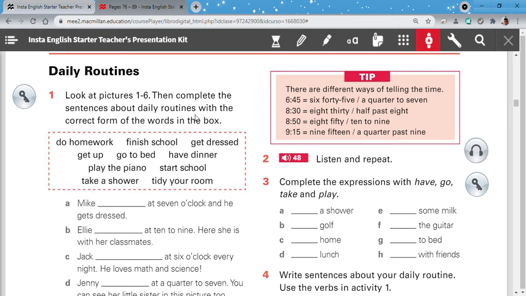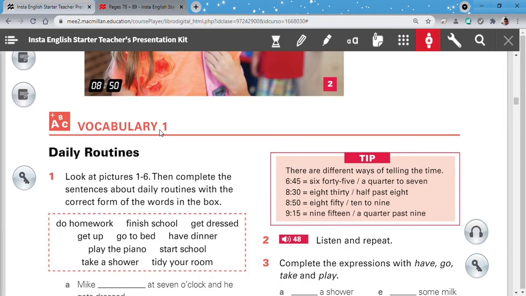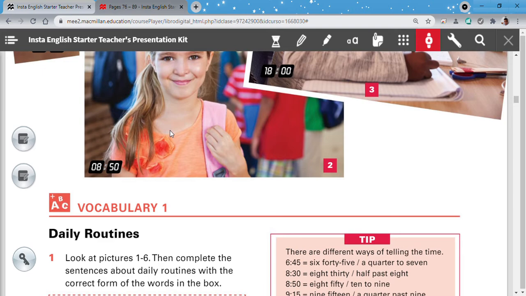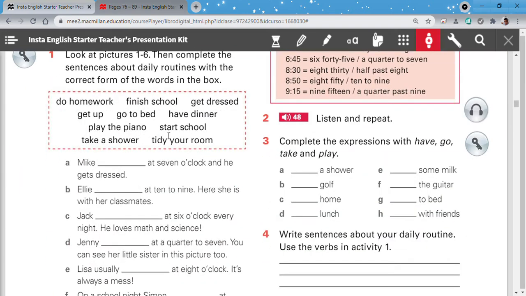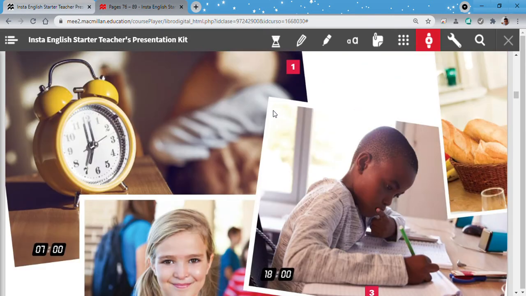What could be picture number 1? What could be picture number 2 or number 3? Any idea? For example, number 1 could be get up because it's 7 o'clock in the morning.